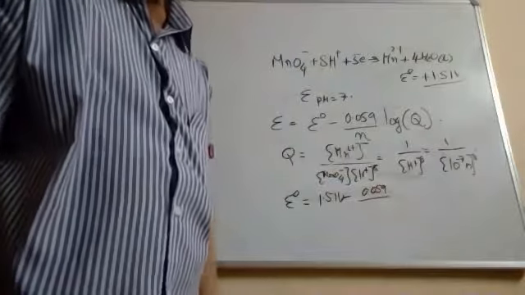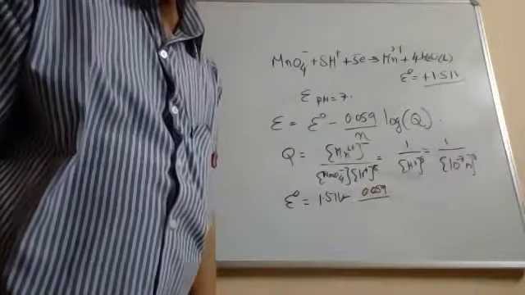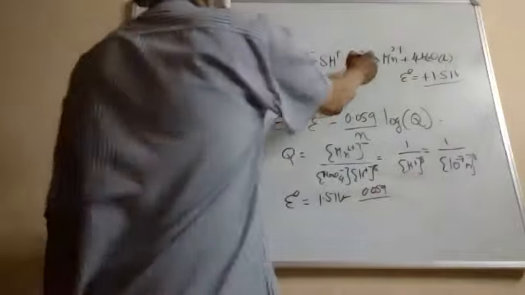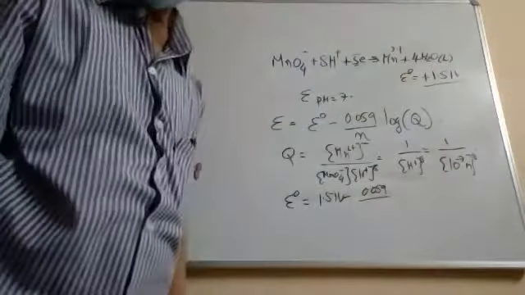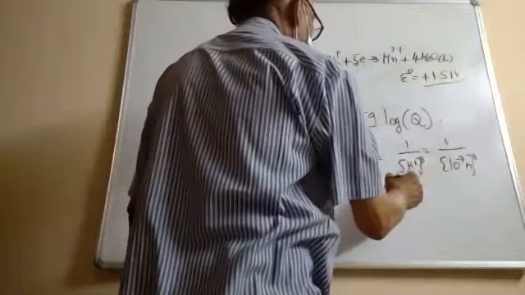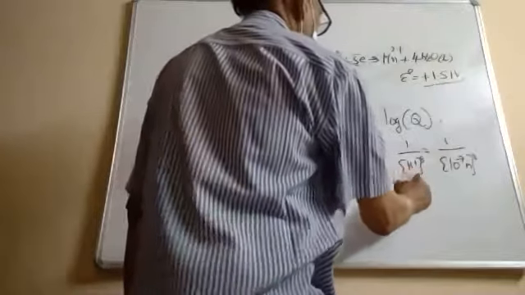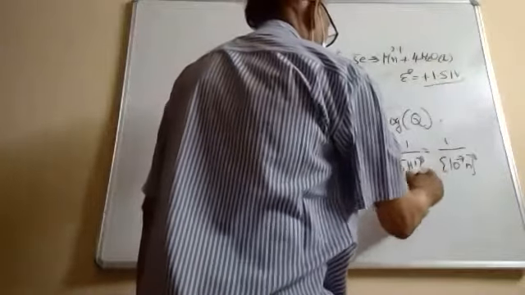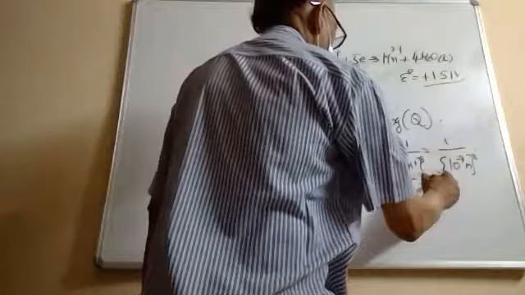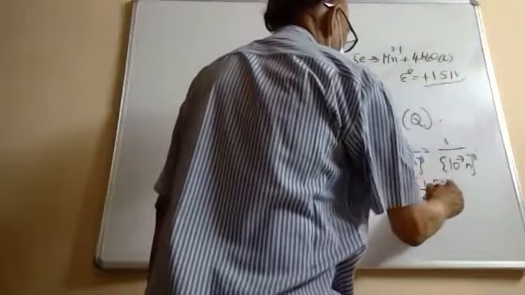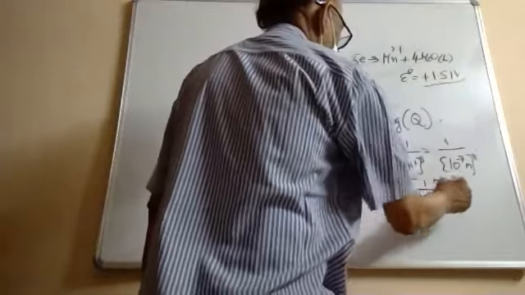It'll just be 5. It must be 5 because in this process there are 5 electrons involved. So that should be 5 times log of Q, right? Which is basically 1 over 10 to the negative 7 to the power of 8.